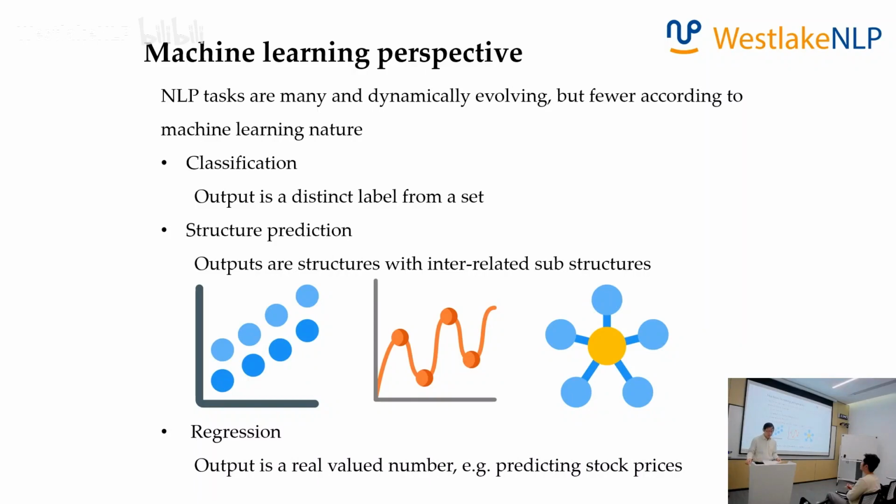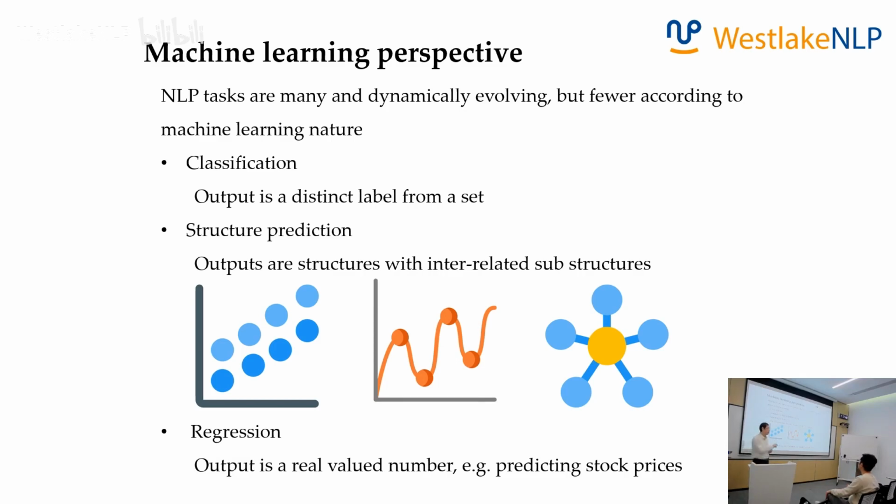Now, if you look at the machine learning perspective, you'll see a lot of structures. For example, the tasks, they can be classified into classification tasks, structured prediction tasks, regression tasks. What are classification tasks? So you're given something. You want to tell what category this something belongs to, positive or negative. Political news or finance news or technology news, right? Spam email or non-spam email. So this is called classification task.